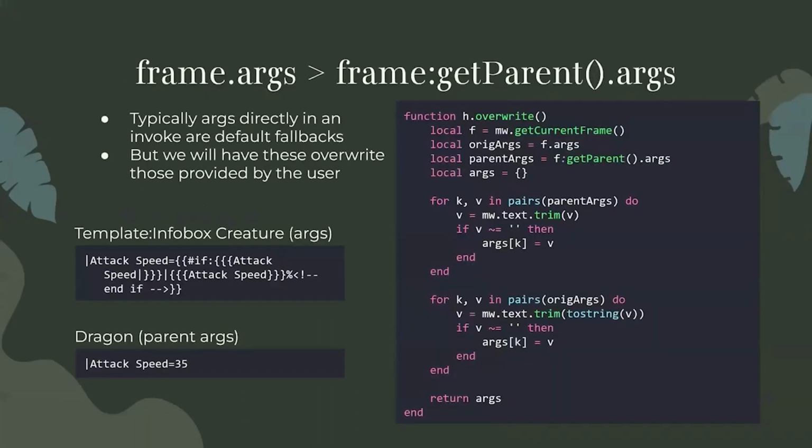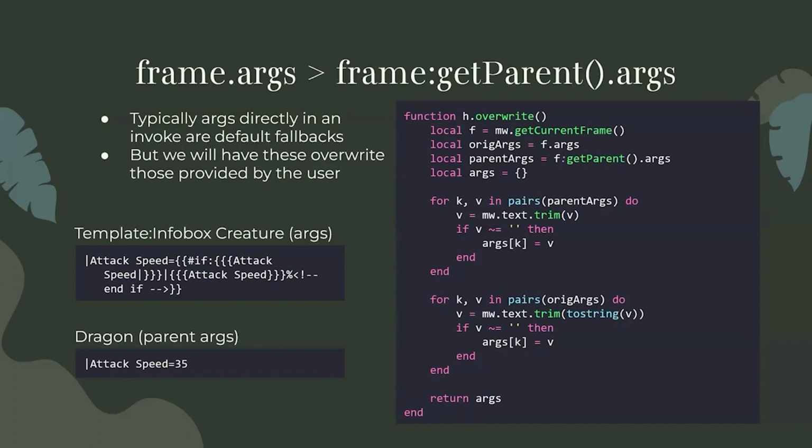And the answer is frame.args takes precedence over frame getParent.args. And I mentioned this at the start of the talk. This is really the magic of this framework, right here on this slide. Typically in Lua, if you send arguments directly into the invoke, you're going to want those to be default args.